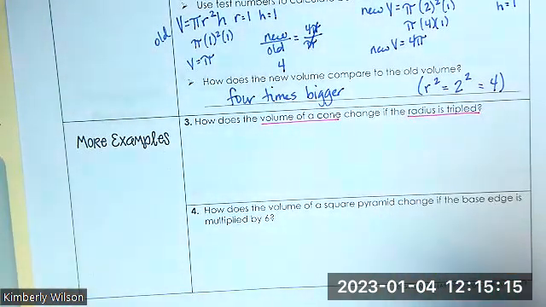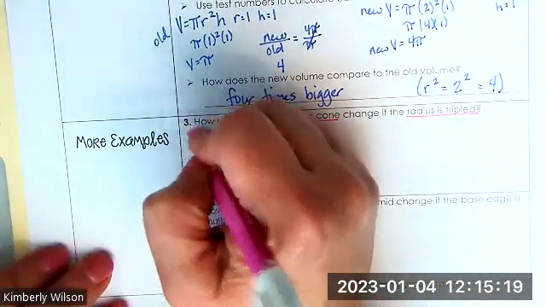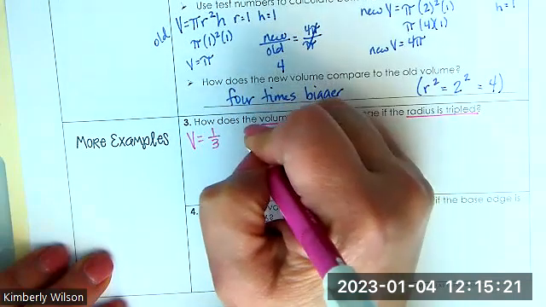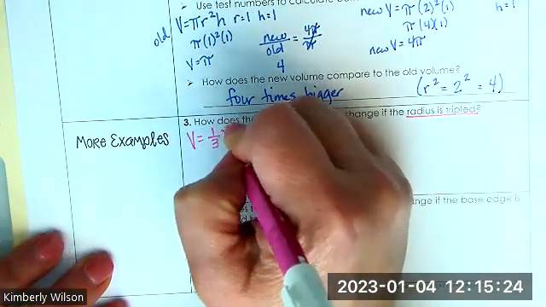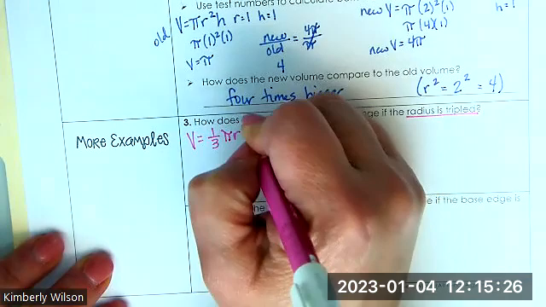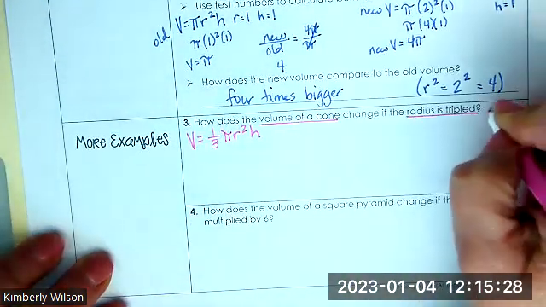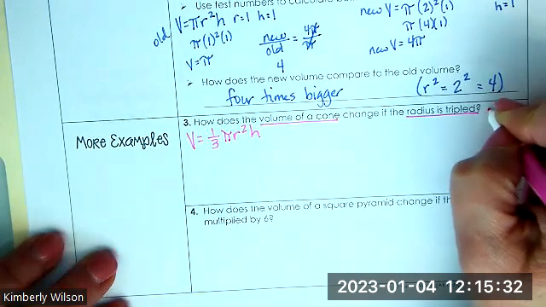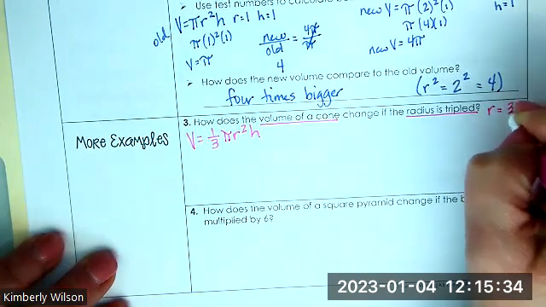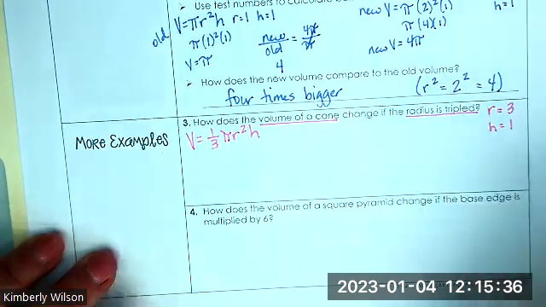Okay, so for the volume of a cone, remember that it is 1/3 pi r squared times the height. So we're saying that the radius is going to become 3. The height we're going to keep as 1.